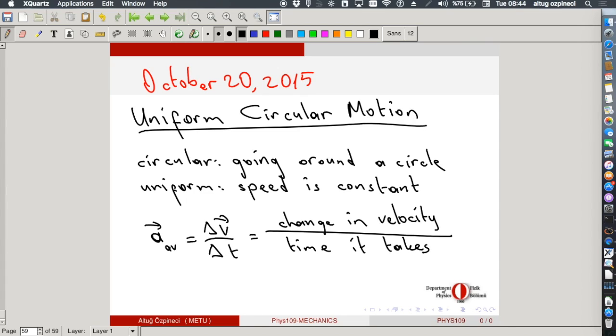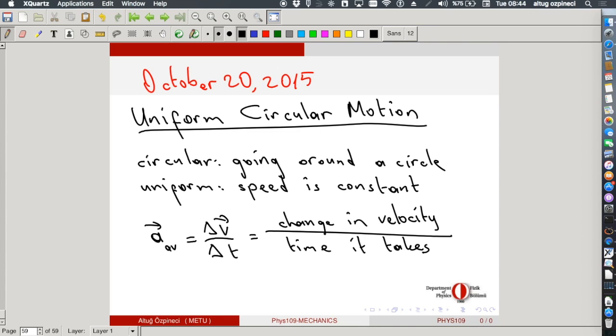Now, velocity has two pieces of information: the direction and the magnitude. The magnitude of velocity is what we call the speed.